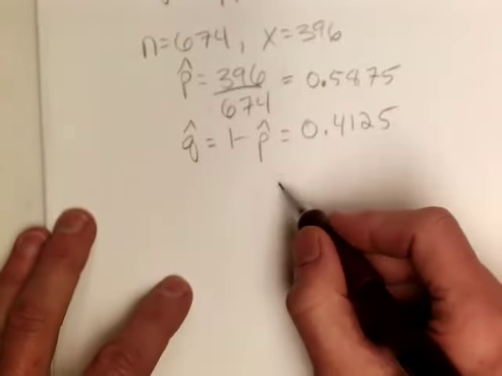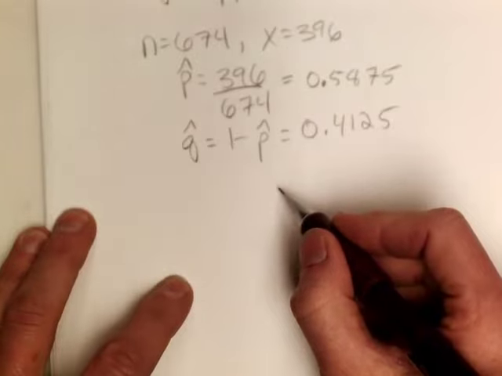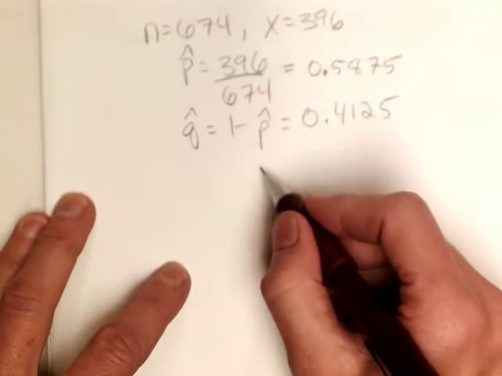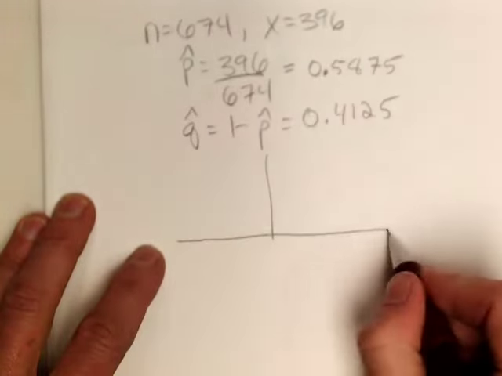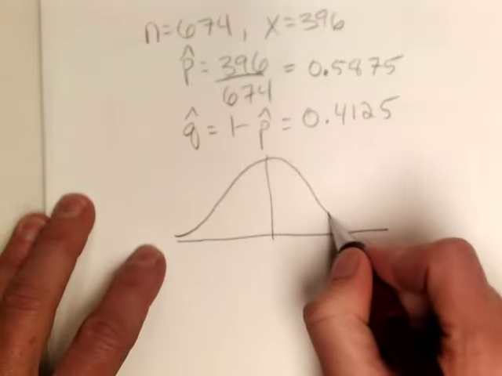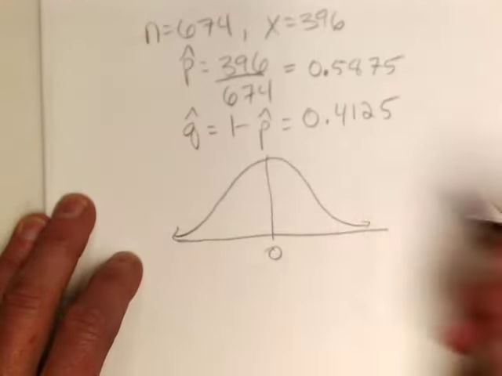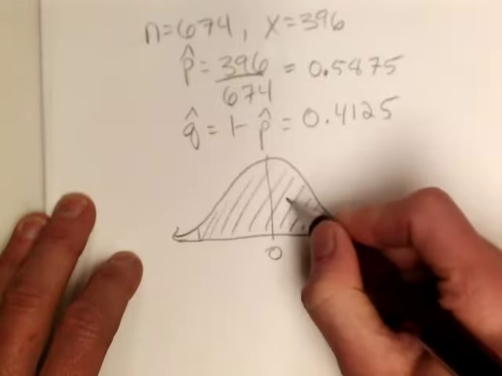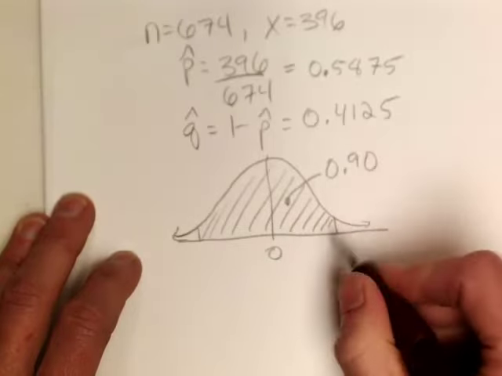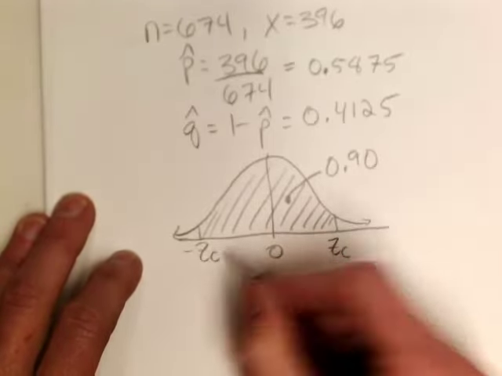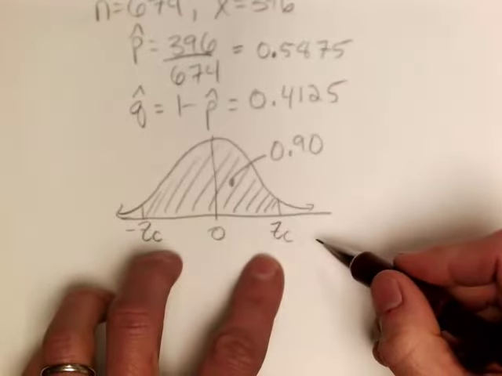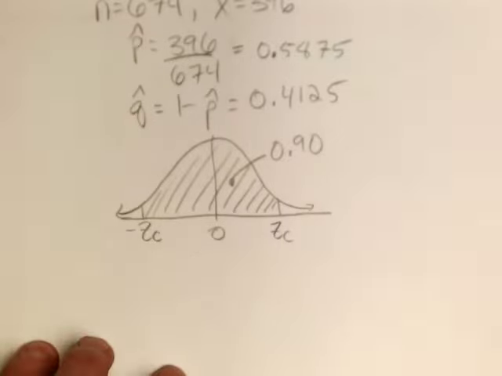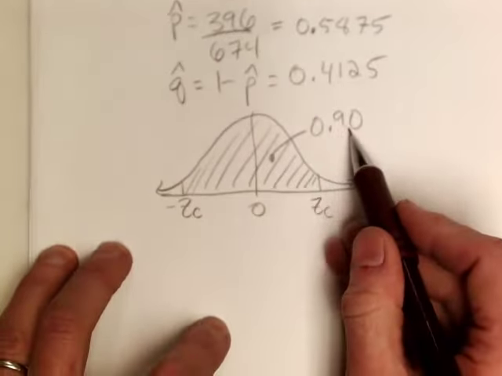The critical value is going to come from the z distribution, and I want to do it for a 90% confidence interval first. Just like before, in section 6.1, I'm going to draw the normal distribution, put 0 in the middle, and partition my bell curve to have 0.9 area between these two critical values, and we only need the upper critical value for the formula.